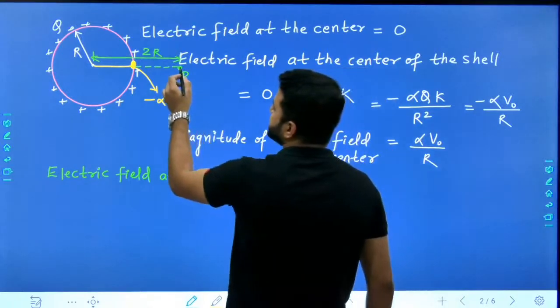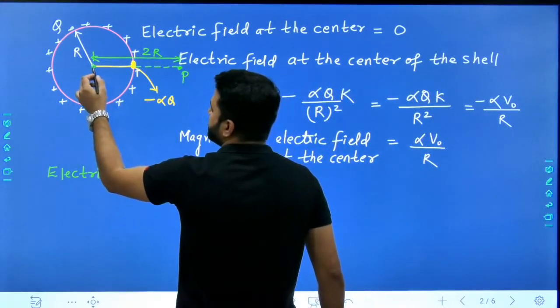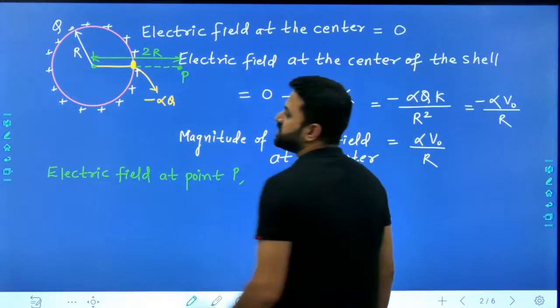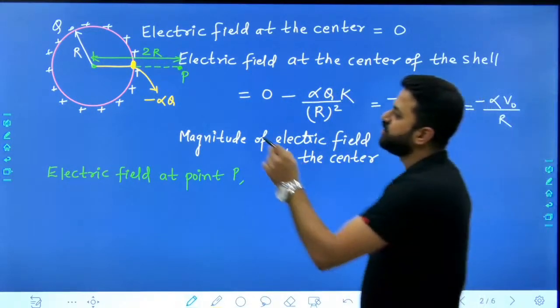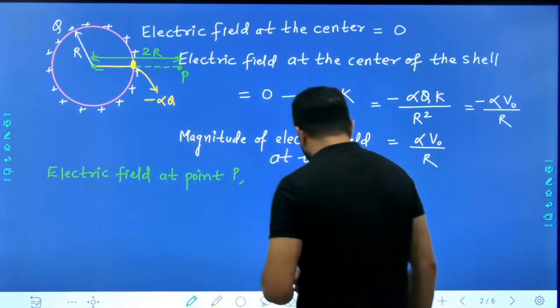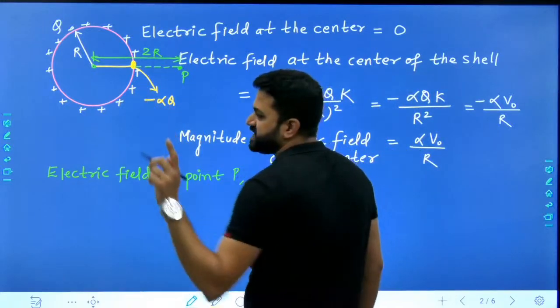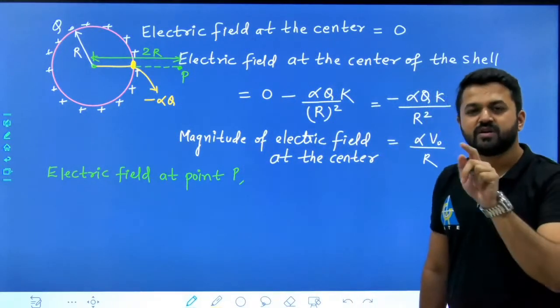So let's find the electric field at point P. You can see that this point P we have drawn is passing through the center of the shell and it is also passing through the hole. So this is the hole, and the line is passing through the hole and the center of the shell. So the electric field at point P is again because of two charges.